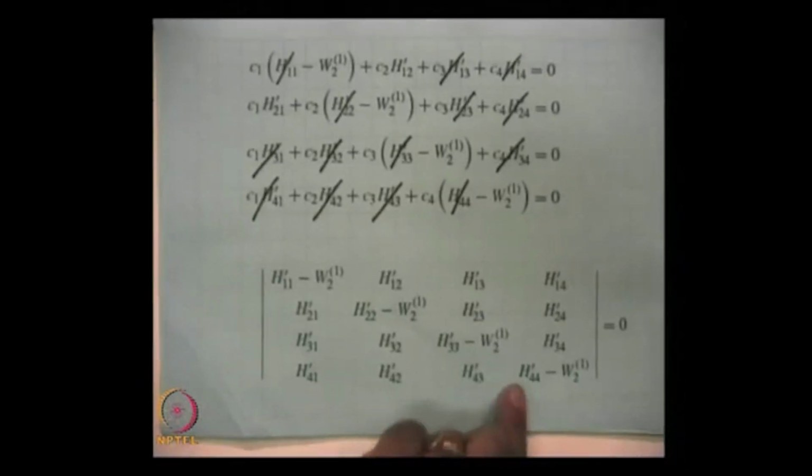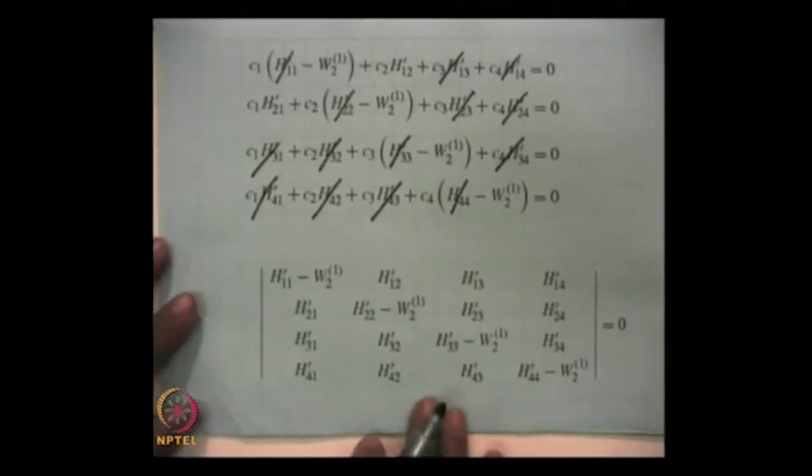In general, if all of them are non-zero, this is the determinant that we have to solve.